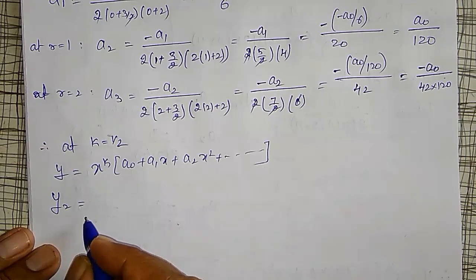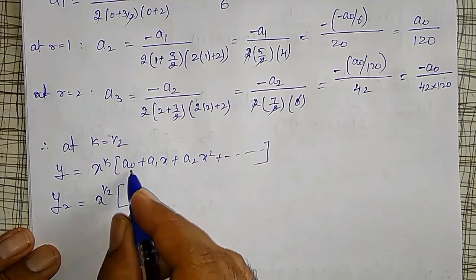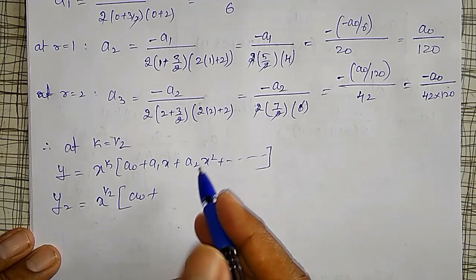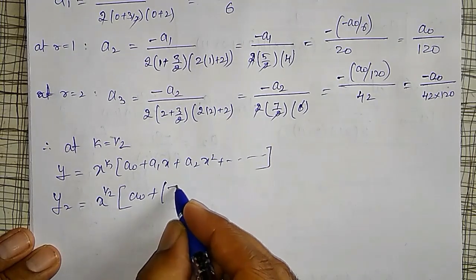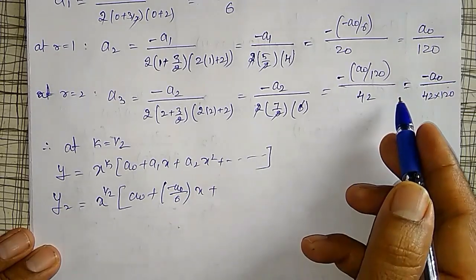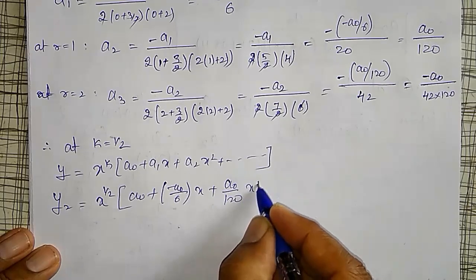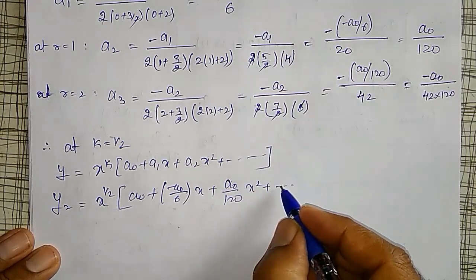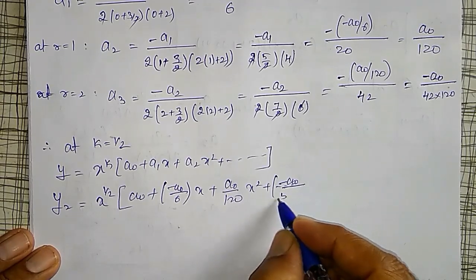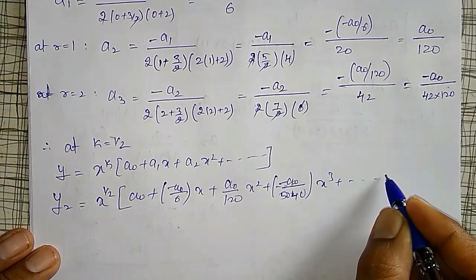I will call it y2 equal to x to the power 1 by 2 into a naught plus a1 value, minus a naught divided by 6 into x, a2 value, a naught divided by 120 x square, plus next a3 value, minus a naught divided by 5040 into x cube plus so on.